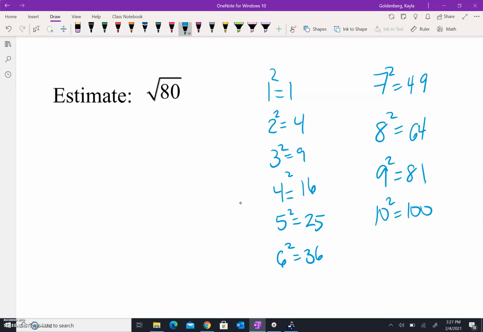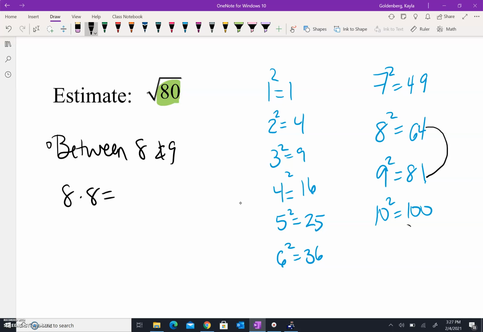So if I'm looking at these, I'm trying to find the square root of 80, right? All of these answers tell me that the square root of 100 is 10, right? That's the number times itself. So if my answer is supposed to be 80, it's bigger than 64, but smaller than 81. So that tells me it's between 8 and 9, right? We can infer that it's something between 8 and 9, because 8 times itself is 64, or if you want to think about it as the square root of 64 would be 8.